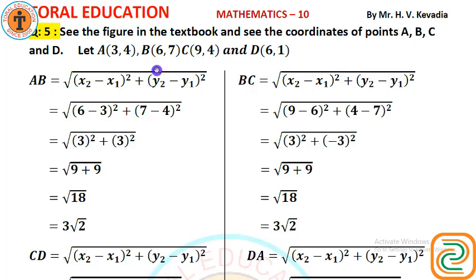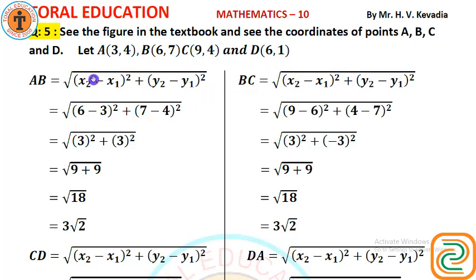B is 6, 7, X coordinate is 6, Y coordinate is 7. Now C is 9, 4, right, and D is 6, 1. Okay, if it is a square, then all the sides are equal and diagonals are also equal. So let's see whether it is a square or not.